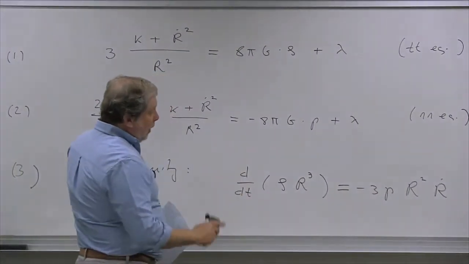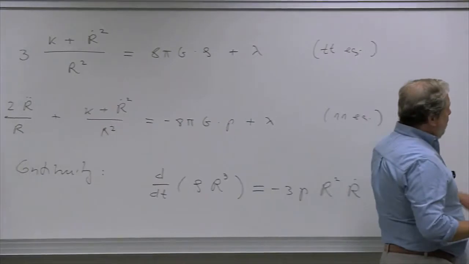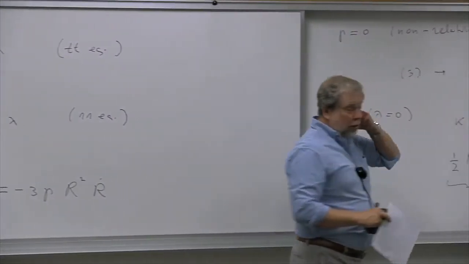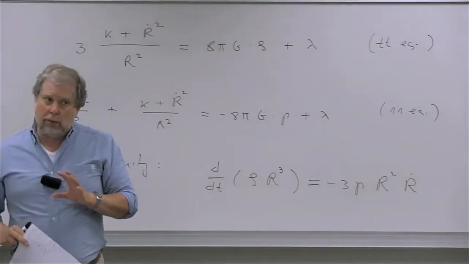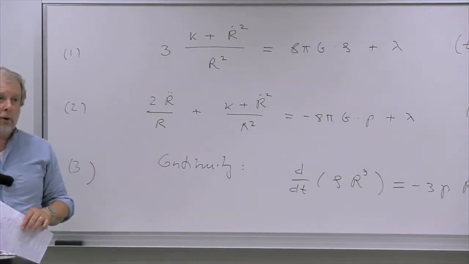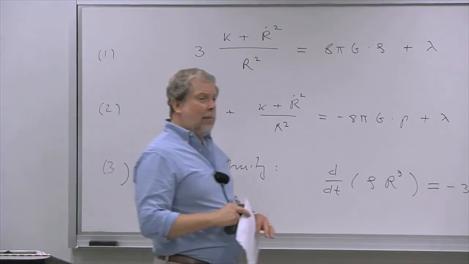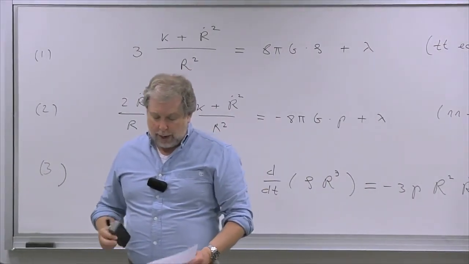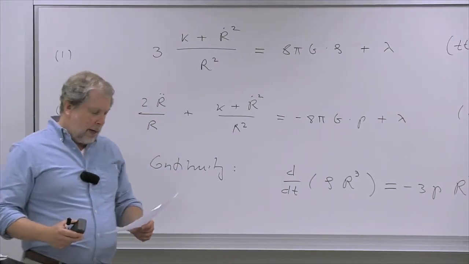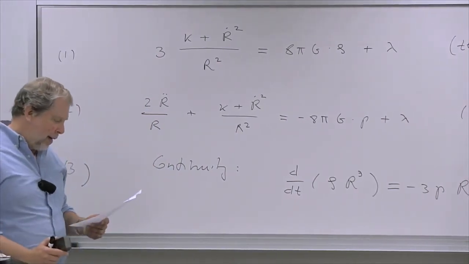And so now, this of course was, as I said, just for the simplest case where the pressure is negligible and the lambda term is 0. When you add the lambda term, then that is of course new, because there is no such thing as a lambda term in Newtonian mechanics. So the lambda, the cosmological constant term, is an entirely new ingredient that was introduced by Einstein in 1922, or maybe even earlier than that.